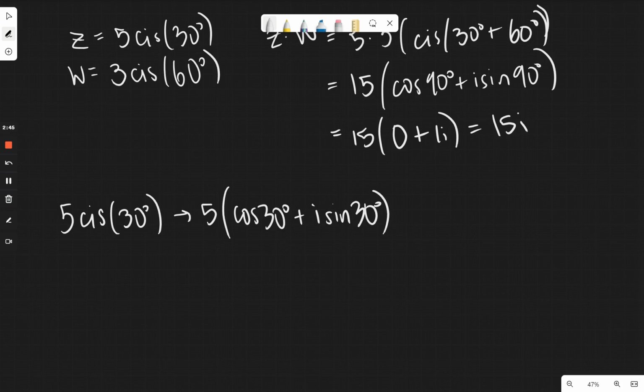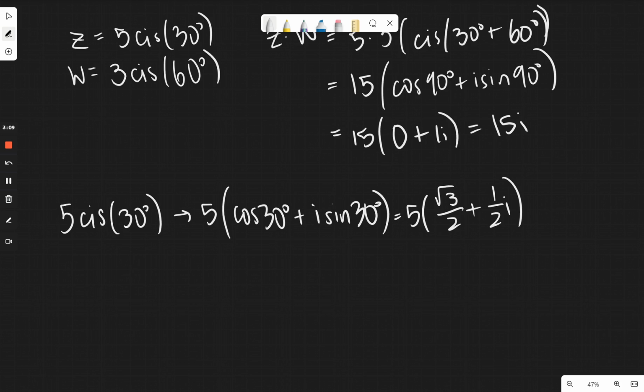So this is 5 times cosine 30, which is square root 3 over 2, plus sine 30, which is 1/2, and then i. And we could distribute the 5, but we're just going to be multiplying this out anyways, so I don't really see the point.